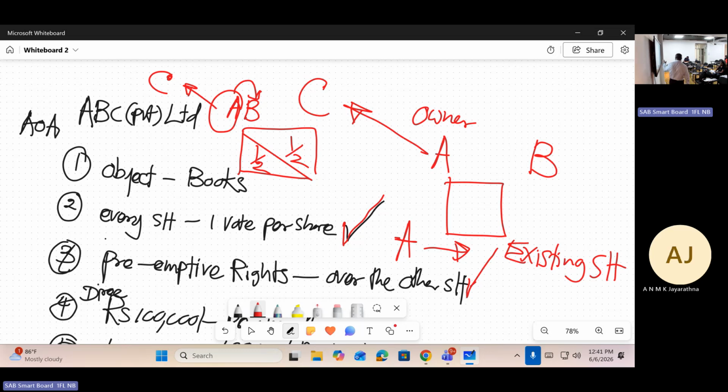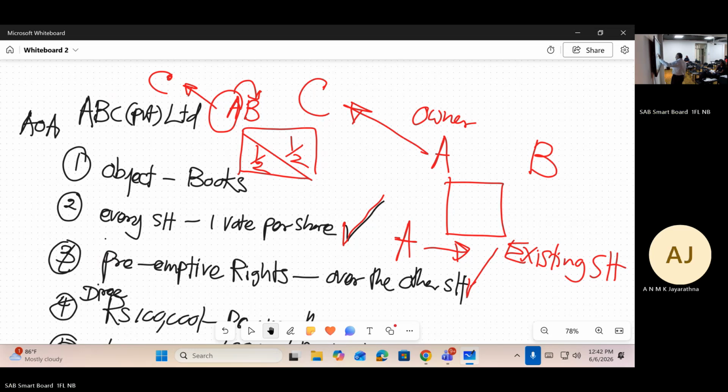So it is a preemptive right over the shares of the other shareholders of the company. So here, again we can identify the third provision. It is also related to his capacity as a shareholder.